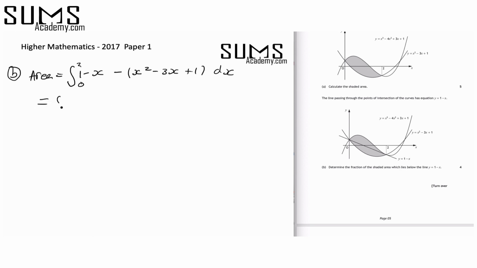So this just becomes the integral from 0 to 2 of 1 minus x squared minus 3, or plus 3x minus 1. So again, the ones are going to cancel, and this is going to come out as the integral from 0 to 2 of minus x squared plus 2x dx.